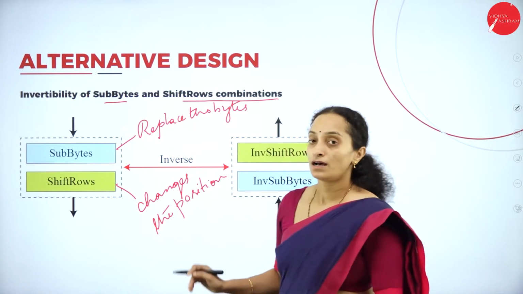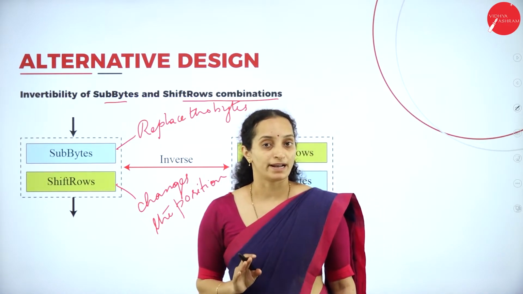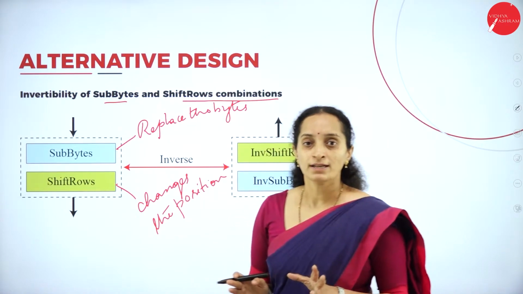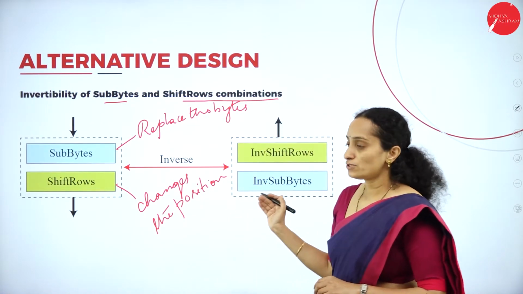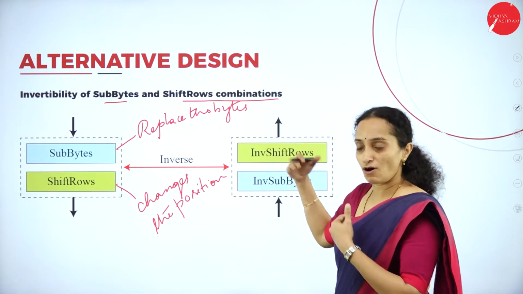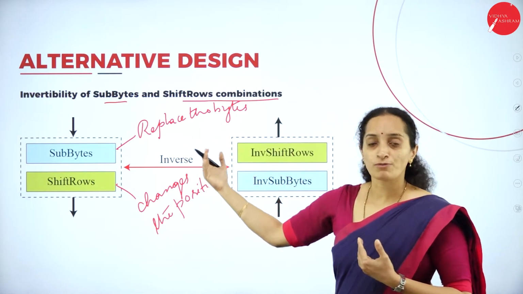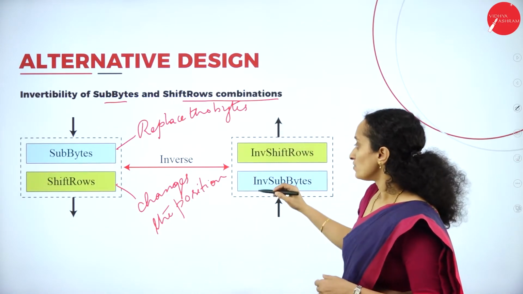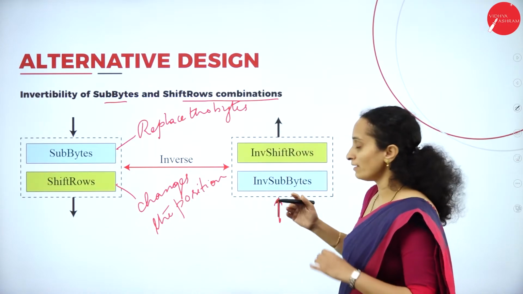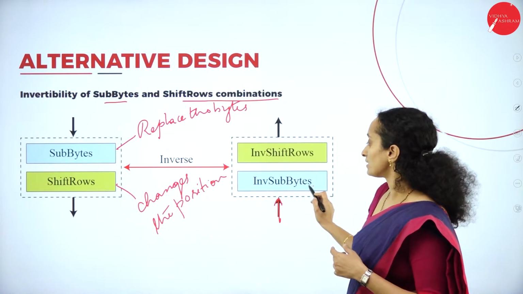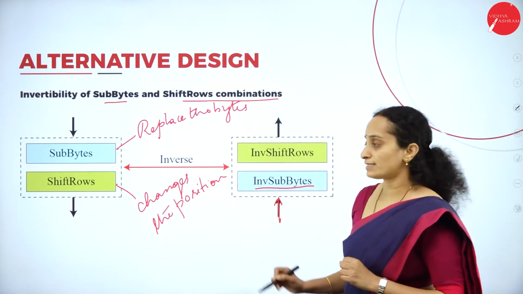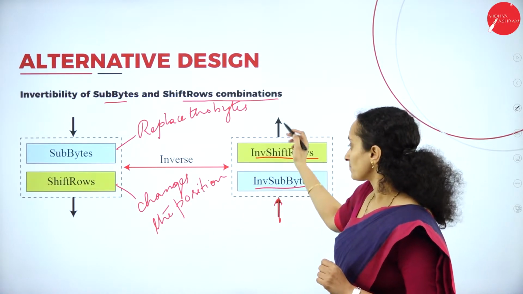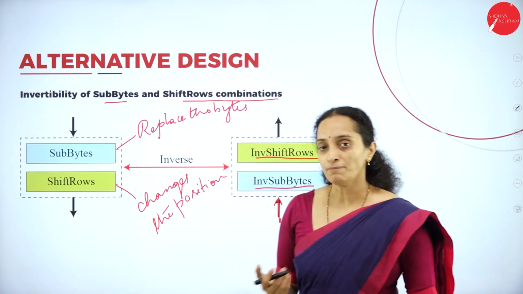That means both functions are independent and don't depend on each other for their execution. So if you reverse the order of these functions, it won't make any difference in the final ciphertext. So in decryption, we reverse the order: we first call inverse SubBytes and next call inverse ShiftRows. So we are shifting the order.